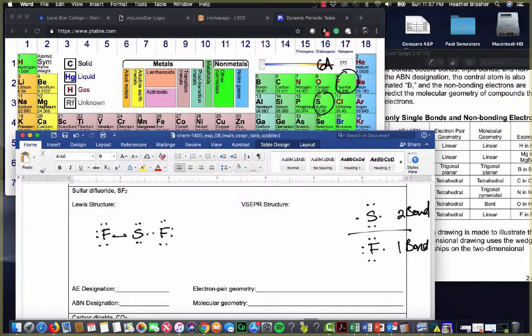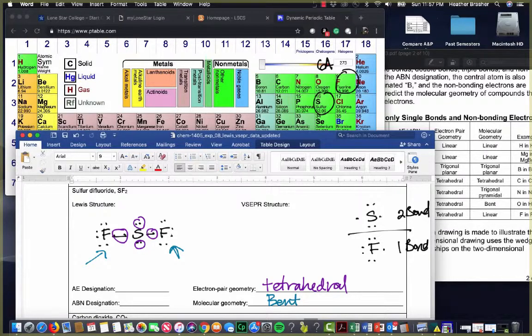So we're going to draw the line between the 2 again because they form bonds. And the first thing we're going to do is electron pair geometry. We look, how many electron pairs do we have? We have 1, 2, 3, and 4. So he is going to be tetrahedral. The next we're looking at is how many atoms do we have bound? And we have 1 and 2 here. So when we have 2, it's going to give this look like we talked about in water that is bent.